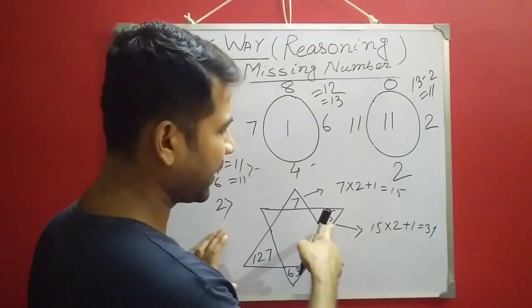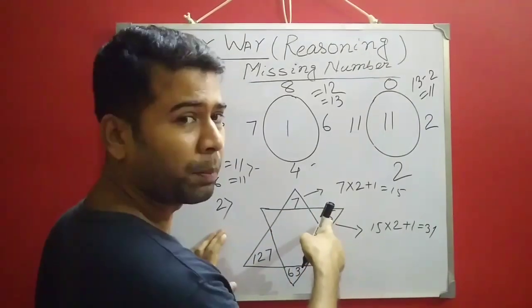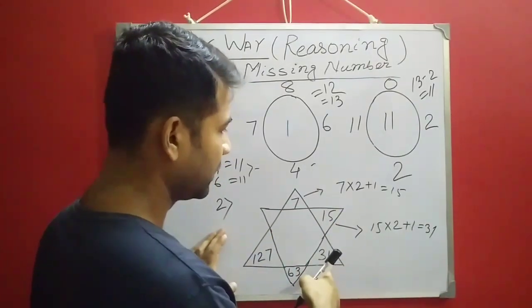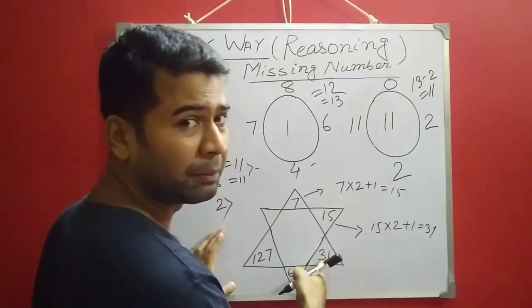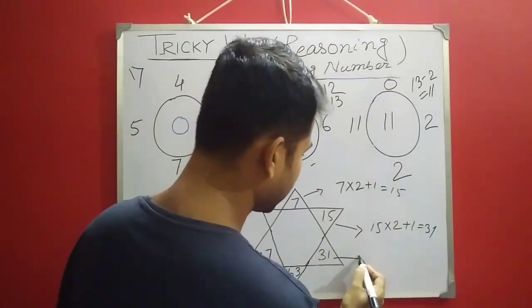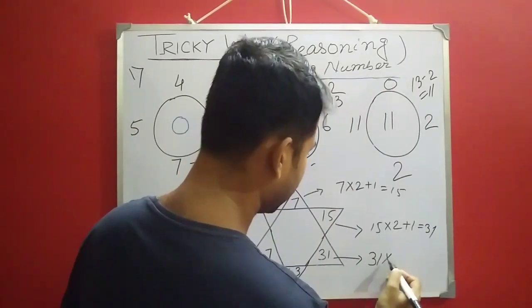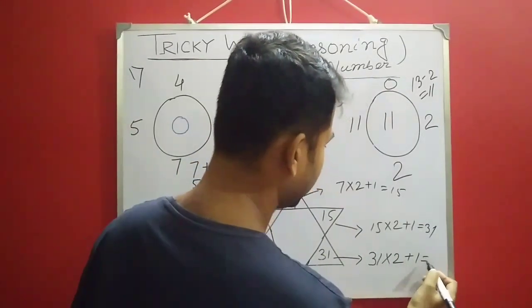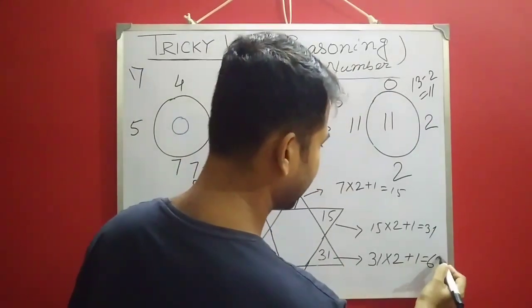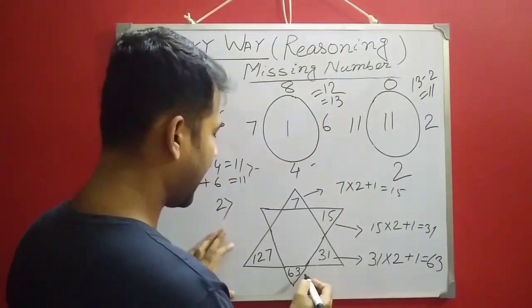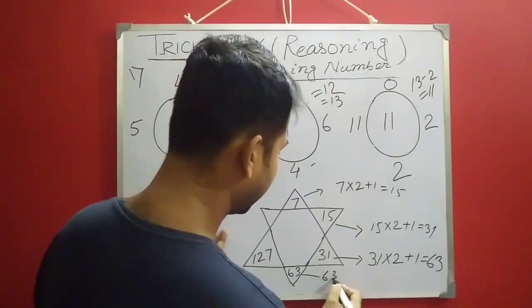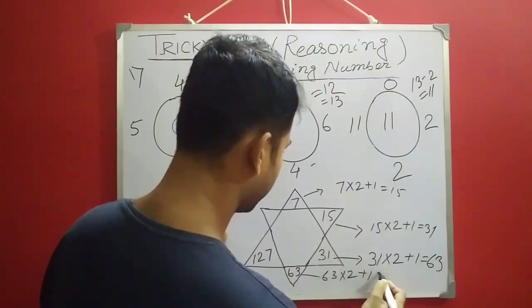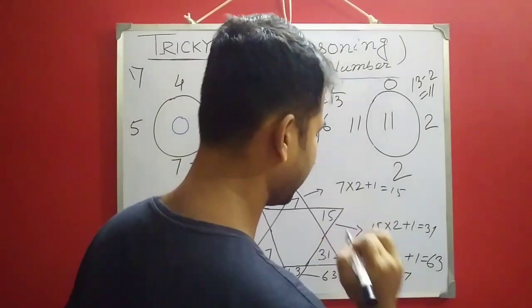The next number is obtained by multiplying the previous value by 2 plus 1. 31 into 2 plus 1 equal to 63, and similarly 63 into 2 plus 1 equal to 127.